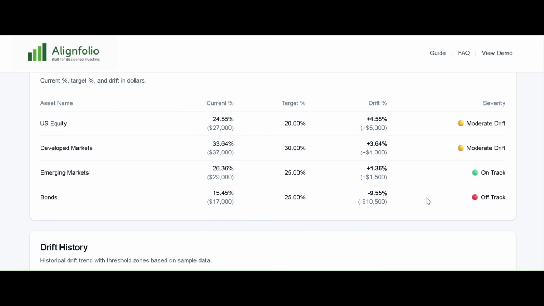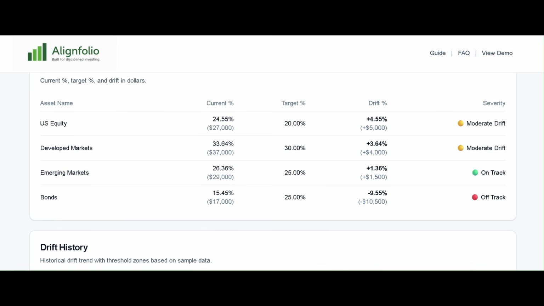Meanwhile, bonds are underweight by almost 10%, which represents the largest drift in the portfolio. Even though the investor did nothing wrong, the portfolio gradually became more aggressive than originally intended. This is one of the main reasons long-term investors rebalance periodically. Not to predict markets, but to stay aligned with their original investment plan and risk level.